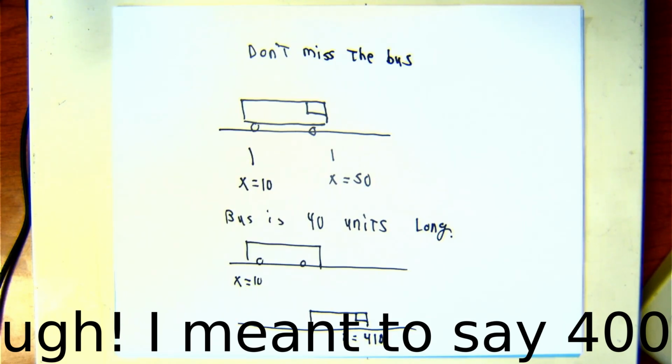The second one is, if somehow it wasn't true that time was absolute, the miss the bus problem would become an acute problem. It would cause us lots of trouble. We wouldn't be able to accurately calculate how long a bus is, for instance. This is going to be my segue into the idea of an inertial observer, which will be what we begin talking about in the next video.